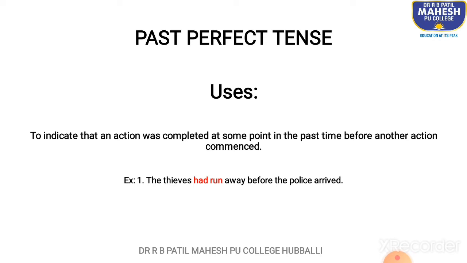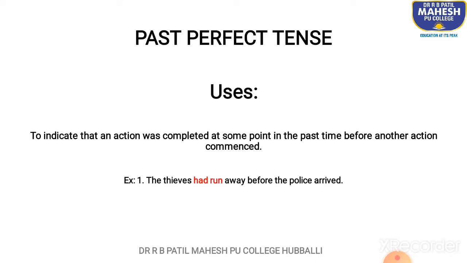So there are two actions that took place in the past, right? The police arrived, the thieves had run away. So the action that took place before the commencement of the other action, with the first action, we use past perfect, right?